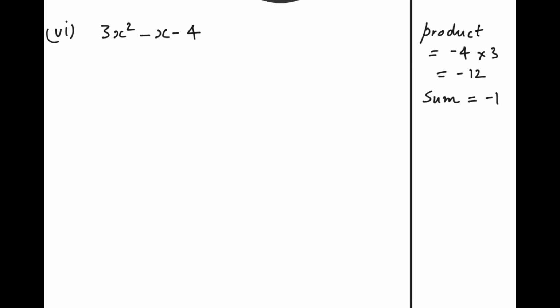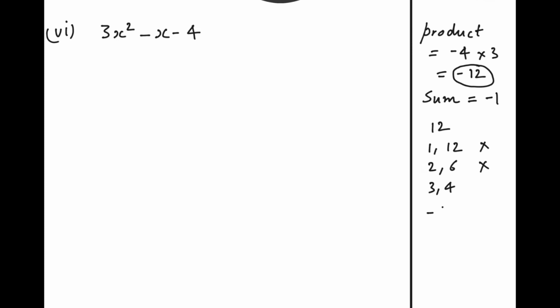So again, let's start with looking at the product term here. So we need to find all the factors of number 12. So the factors of number 12 are 1 and 12, 2 and 6, 3 and 4. Now 1 and 12 will never give sum as minus 1 or 1, so we'll just cross it. 2 and 6 again cannot give the sum as 1, so we again cross it. 3 and 4 can give the sum as 1, so we'll add signs to it.